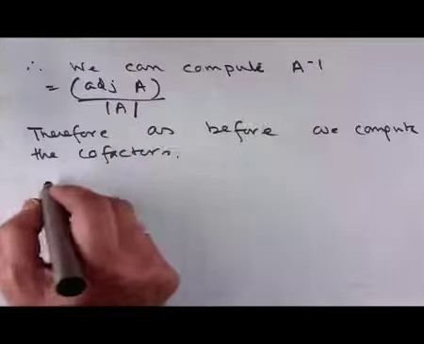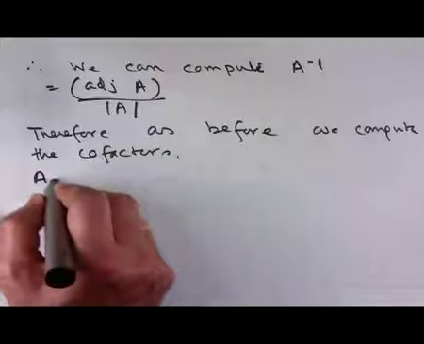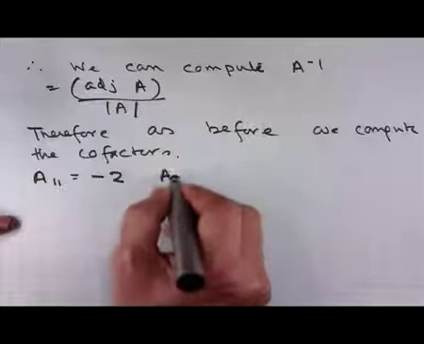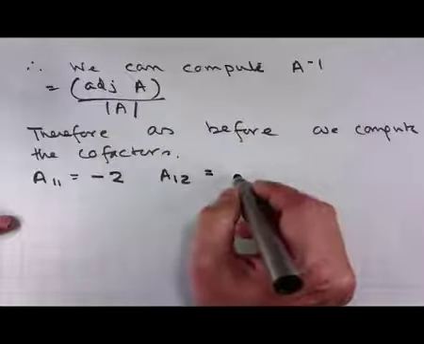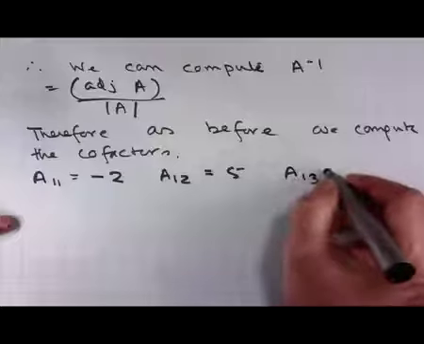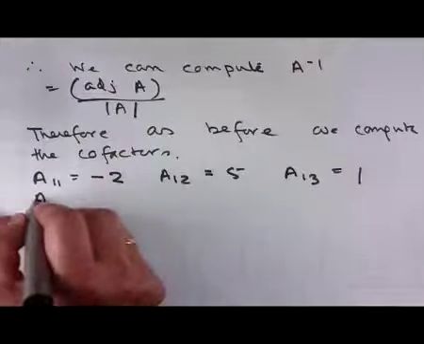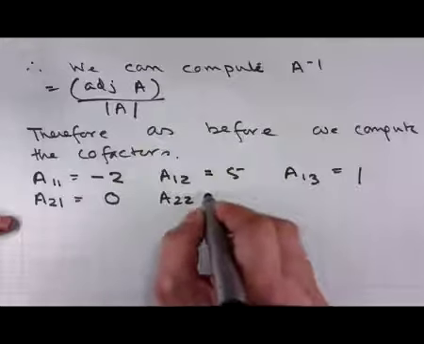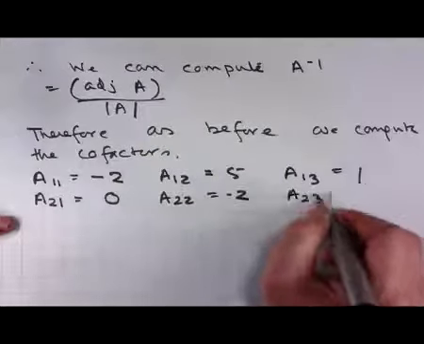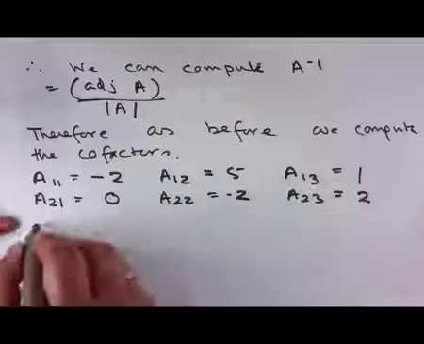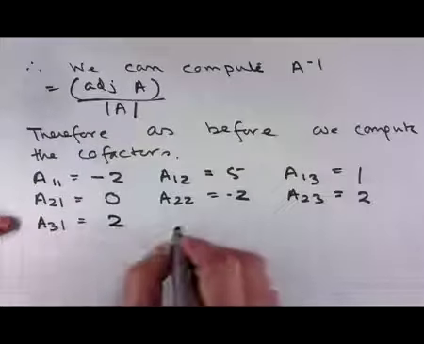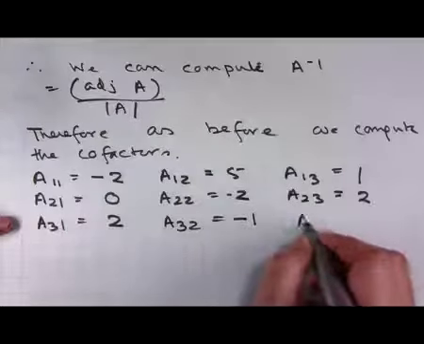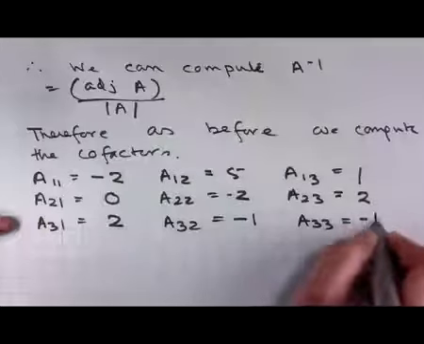Please check that we get the following: A11 is equal to minus 2, A12 is equal to 5, A13 is equal to 1, A21 is equal to 0, A22 is equal to minus 2, and A23 is equal to plus 2, A31 is equal to 2, A32 is equal to minus 1, and A33 is equal to minus 1 again.